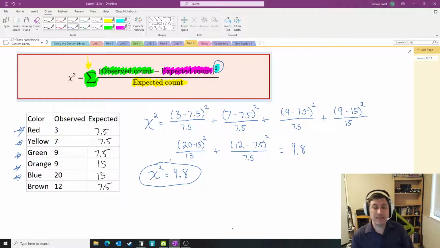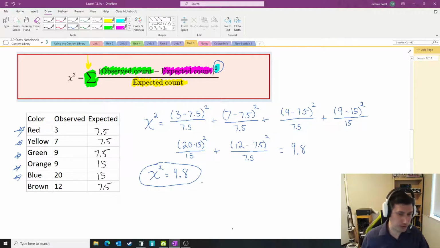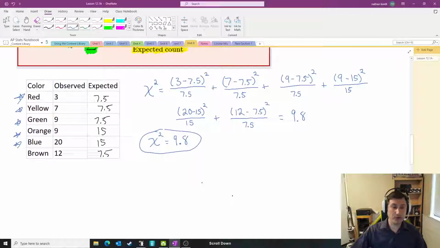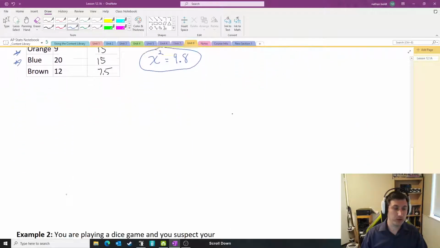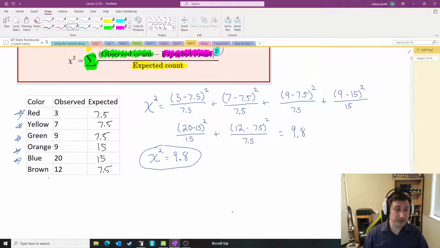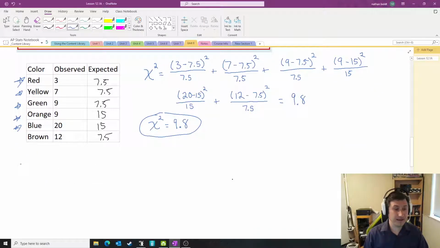That doesn't really matter too much, because the calculator will always do it for you on our next step. So you never really have to interpret this number with your own intuition. The calculator will do it for you on the next step, which is calculating a p-value from that chi-squared.